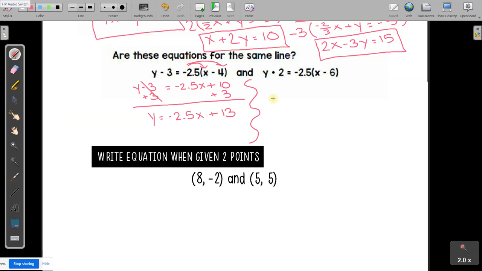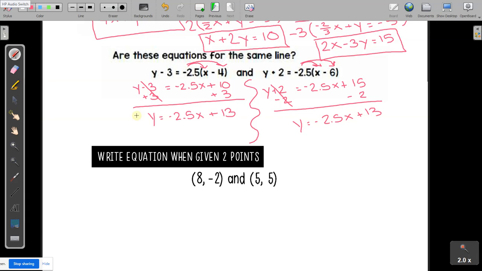Now let's see if we get the same thing from the other side. Distribute. We get negative 2.5x. Negative times a negative is a positive. 2.5 times 6 gives us 15. Bring down everything else as is. Now combine your like terms, subtract 2 from both sides, and we get y to equal negative 2.5x. 15 minus 2 is a positive 13.